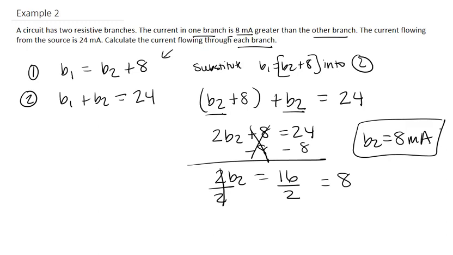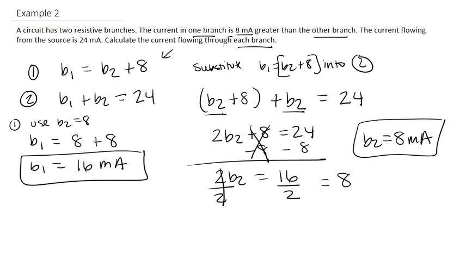Now we need to solve for B1. To do that, we can use either equation 1 or 2. So B1 equals, using equation 1, B2 plus 8, and B2 equals 8. So 8 plus 8, which is 16 milliamps.